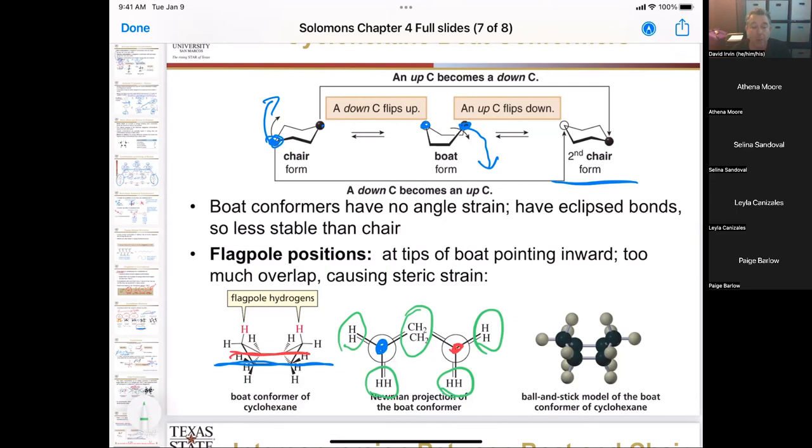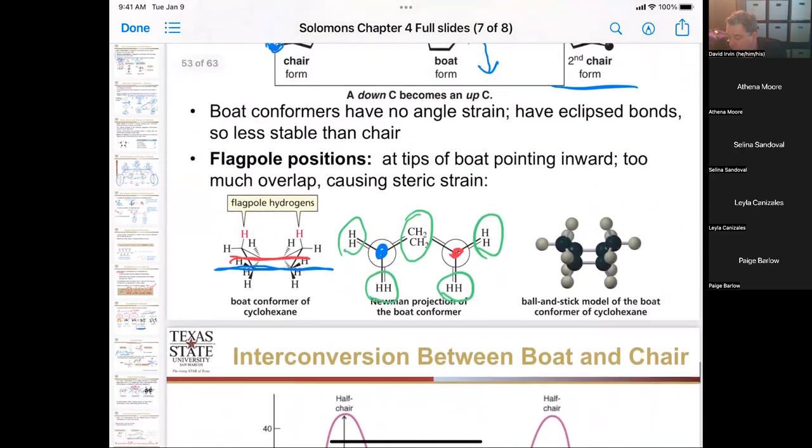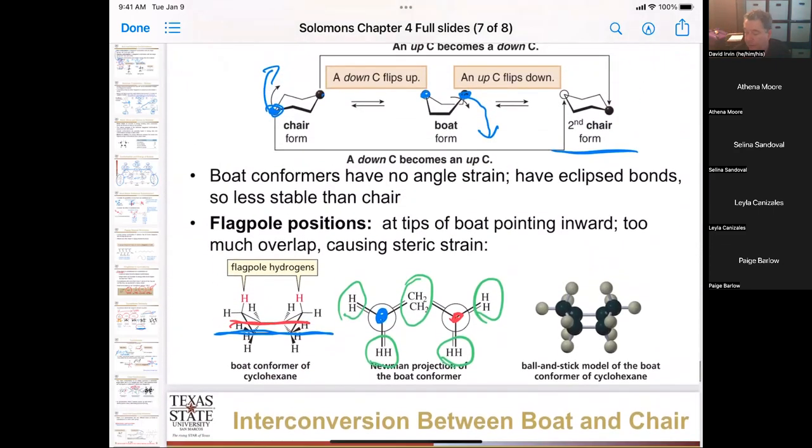Now, we also have another problem when we have our boat here. We have a problem because this hydrogen and this hydrogen are very close together. Okay, let's think about that as a boat again, like a Viking boat. And if you had a flagpole on one end of the Viking boat and a flagpole on the other, those two hydrogens are going to be those flagpole hydrogens.